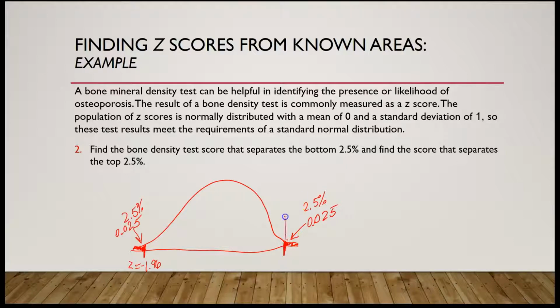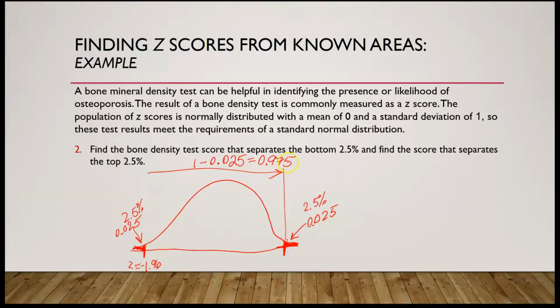Let's find the area to the left of the z-score that we need to find. Since the whole area is equal to 1, and this little piece on the right of the z-score is 0.025, then the area to the left of the z-score will be 1 minus 0.025, or 0.975.